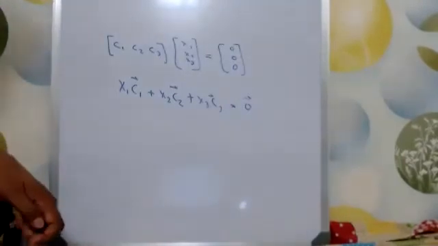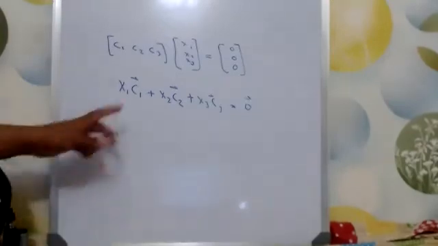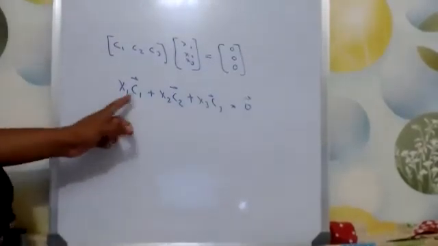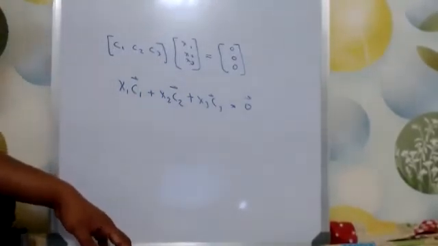So the question in producing the null space is: what weights x1, x2 and x3 on the columns C1, C2 and C3 together will produce the zero column vector, right?